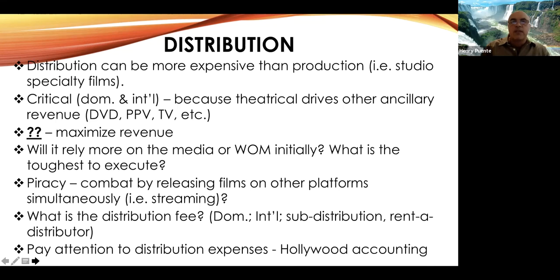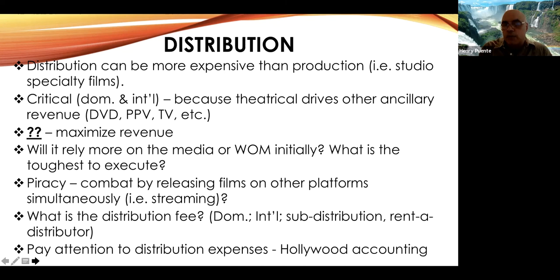Now, let's show you this. So distribution, I think this is probably my last slide I'll talk about, because I think it's getting close to 12:45. So distribution. Distribution can be more expensive than a regular movie, especially if it's a studio specialty film, because these studio specialty or art films, usually the production costs are pretty low.